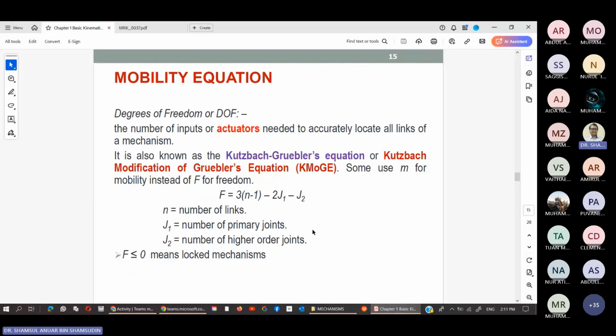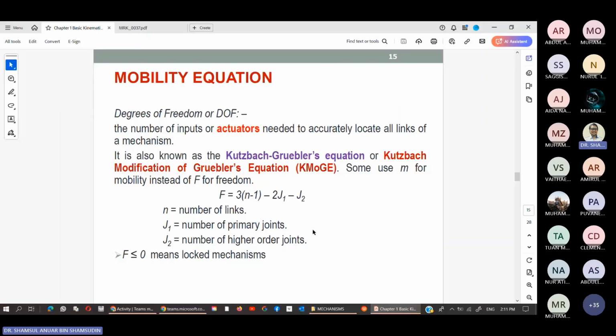But if you do not want to determine the number of degrees of freedom that way, by identifying the number of actuators, what other ways are there to achieve that?